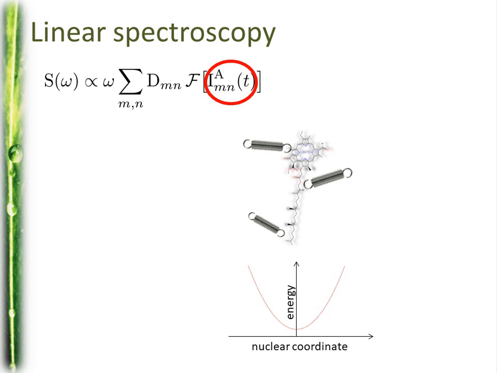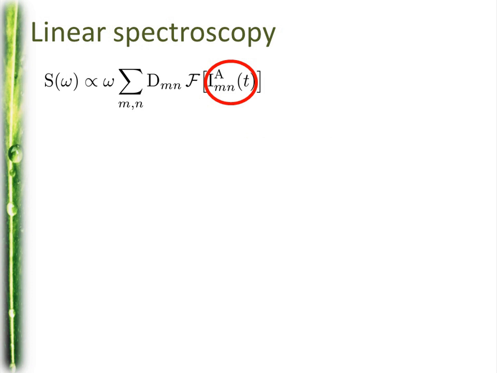The pigment molecules are jostled about by thermal vibrations in the protein structure and vibrations within the pigment molecule. A good assumption is that the energy depends quadratically on the nuclear coordinates. Although each vibration is harmonic, the collective motion of the many vibrations in the system causes stochastic fluctuations of the transition energy.